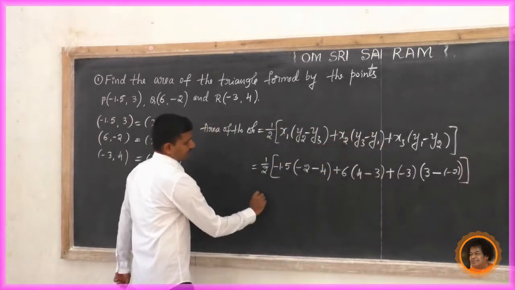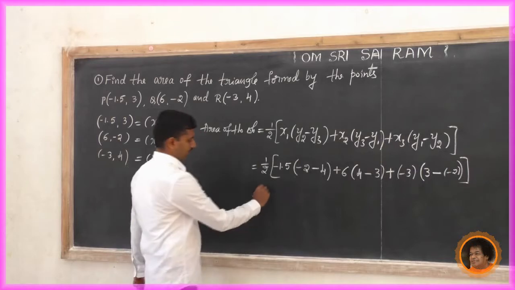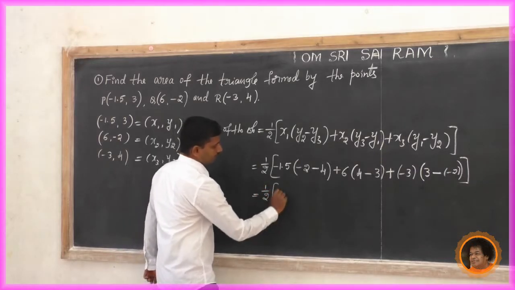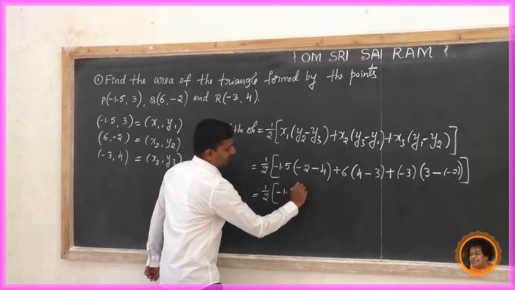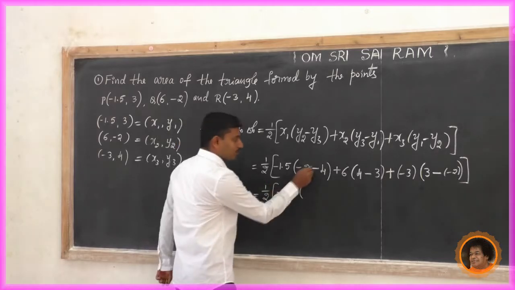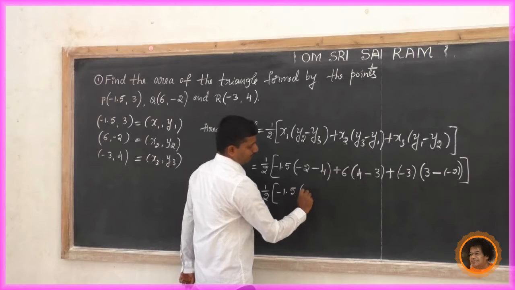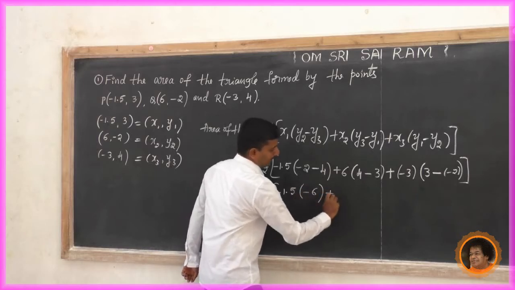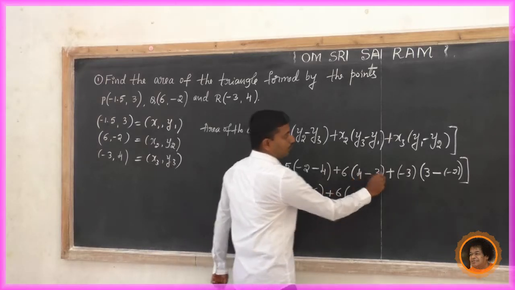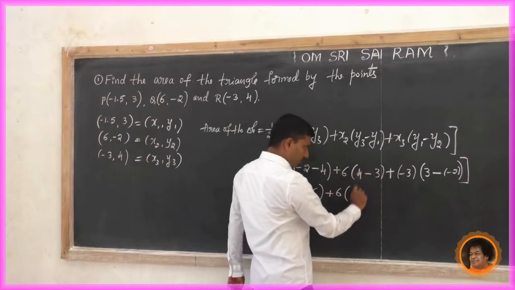On simplification, we get the area of the triangle. Half into minus 1.5 into minus 2 minus 4. Minus 2 minus 4 is minus 6, plus 6 into 4 minus 3. 4 minus 3 is 1.